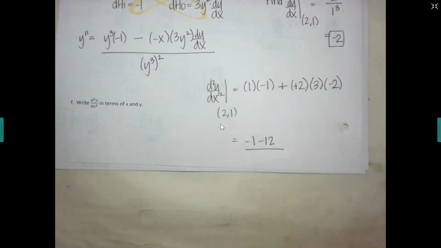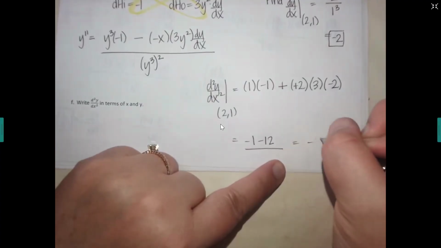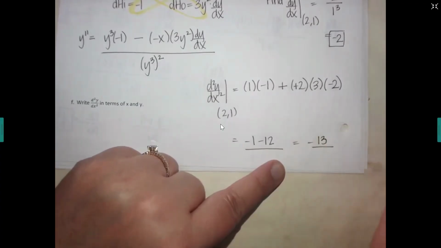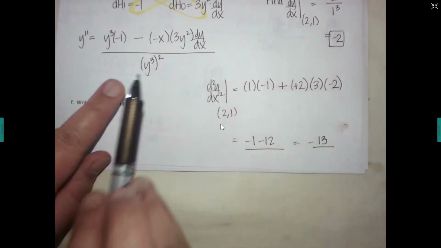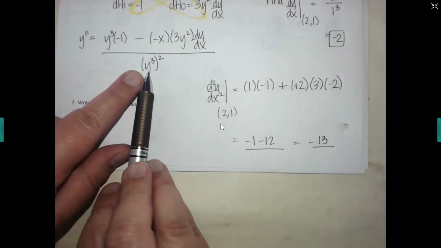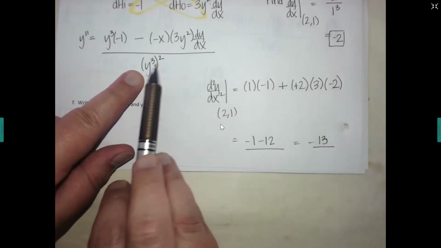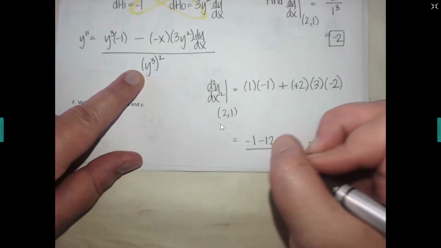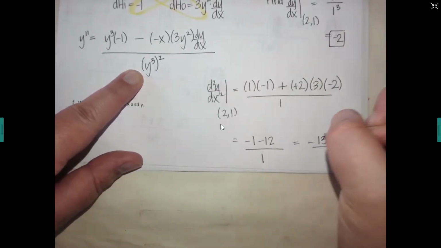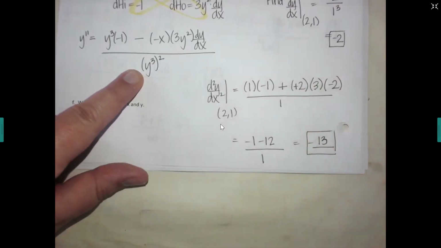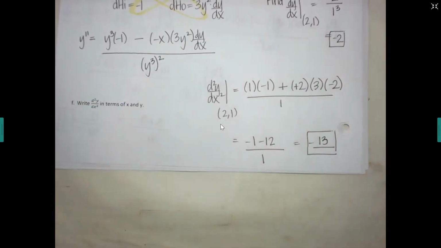Then what is -1 minus 12 more? 13. Is that my answer? Don't forget the whole thing is squared. On the bottom, I want my y value, which is what? 1 cubed is still 1, and squared is still 1. So -13 will be your final answer, because it's just over a 1 anyway.